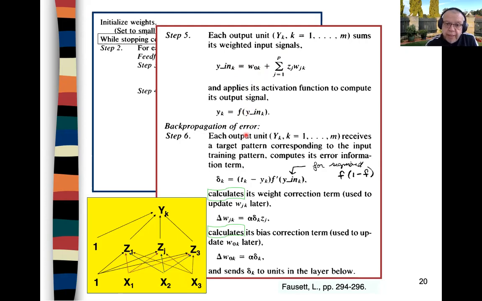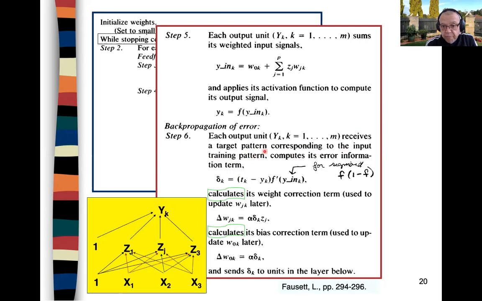Now we do backpropagation of the error. We take that yk, we compute it, and compare it to tk, the desired output at this node k here. So each output unit yk, k from 1 till m, so in this case we have only one, receives a target pattern corresponding to the input training pattern.